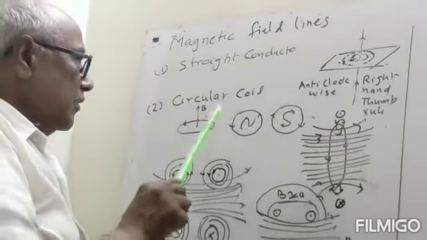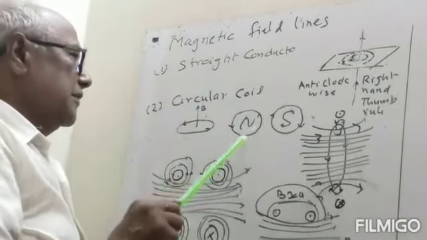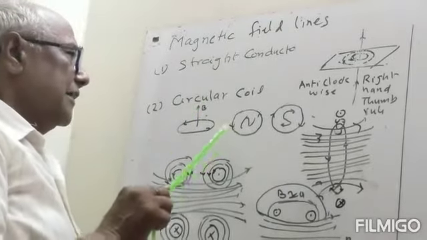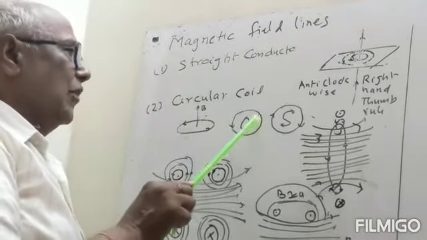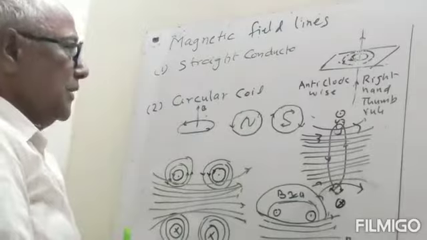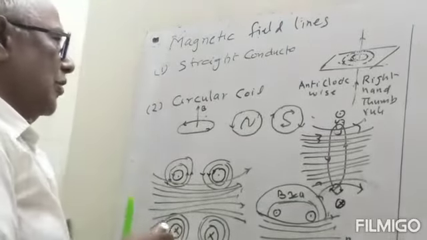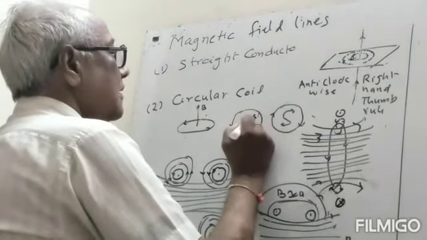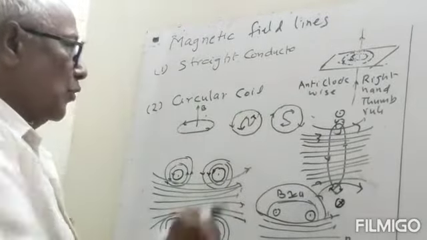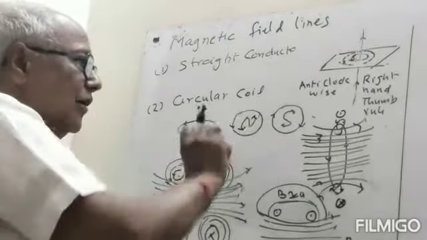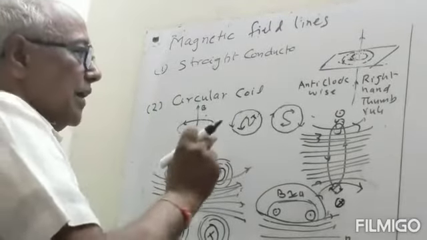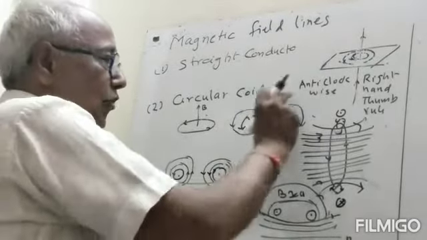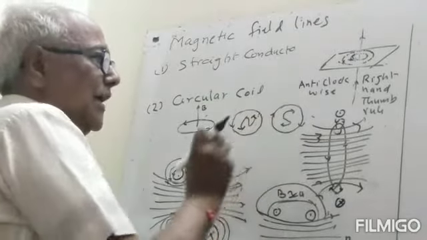So if we look at it, if this is the coil and the current is passing anti-clockwise, then this will behave like an N pole. You can draw the arrows anti-clockwise, so it is the N pole. If the current passes clockwise, then this will be an S pole.